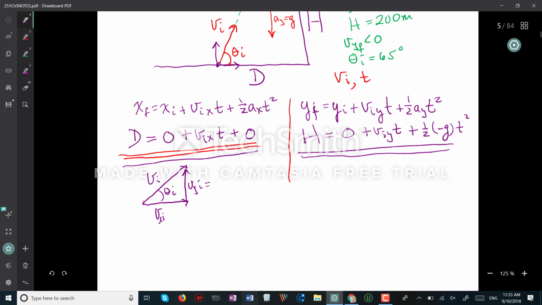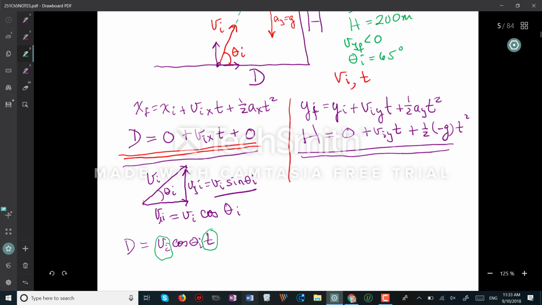And I say this is the shy side, and this is the cozy side. So I can substitute for Vx initial and Vy initial. D equals V initial cosine theta initial t. What are my unknowns in this relationship? I've got that, and I've got that.